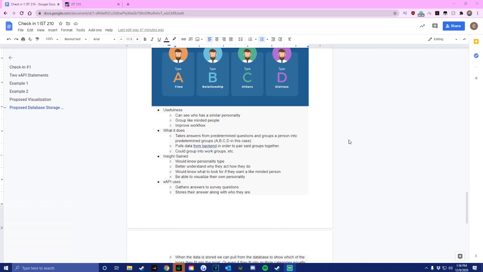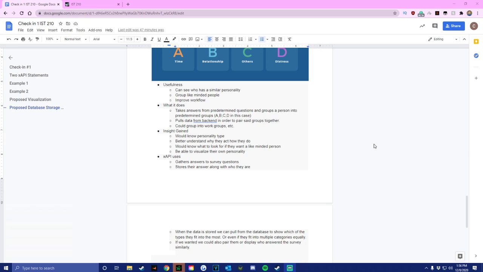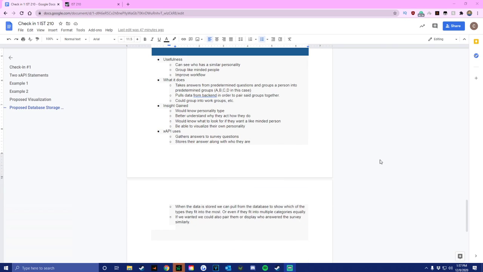And so whenever they answer the questions, it'll store it into the SQL database, and it'll show the different tables, and it'll basically just have that data for us to pull from whenever we want to.